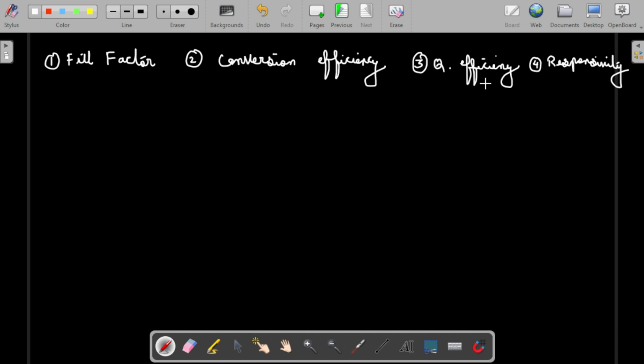These are four fundamental parameters that we need in the data sheet to represent the solar cell characteristics or behavior.